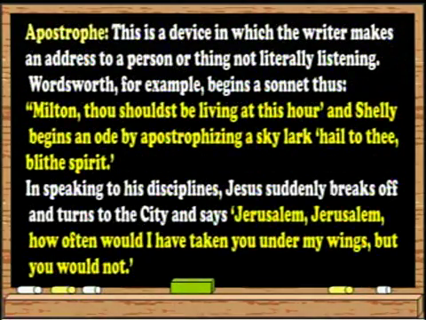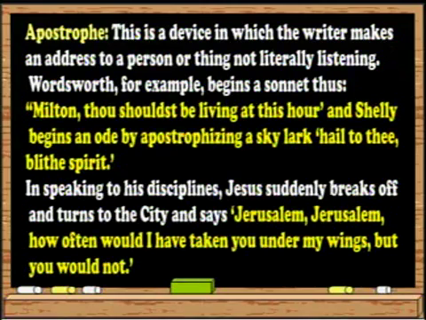Apostrophe. This is a device in which the writer makes an address to a person or thing, not literally listening. Wordsworth, for example, begins a sonnet thus: Milton, thou shouldst be living at this hour.